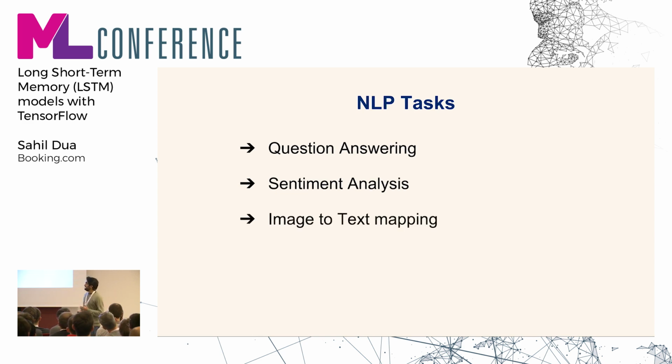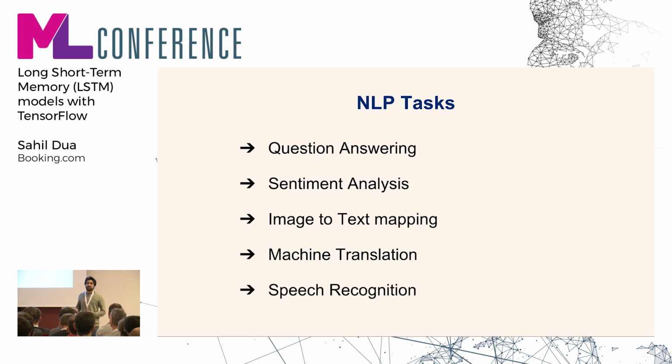And another one is image to text mapping. For example, if you have some image, you want to come up with caption for that image, it comes into picture. And if you have machine translation, which is one of the biggest applications in the current time, translating one piece of text from one language to another, for example, from English to German or German to English, or any other language for that case.